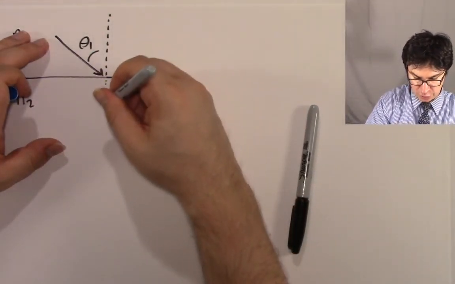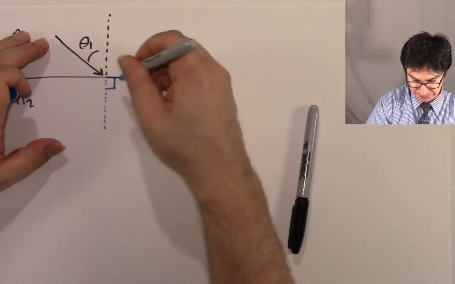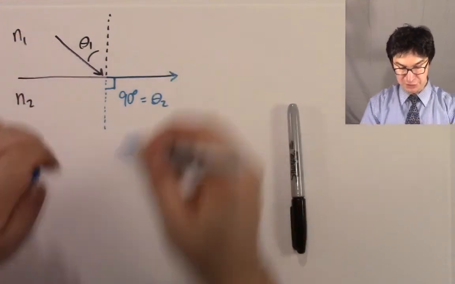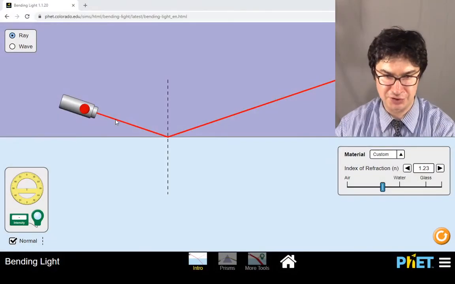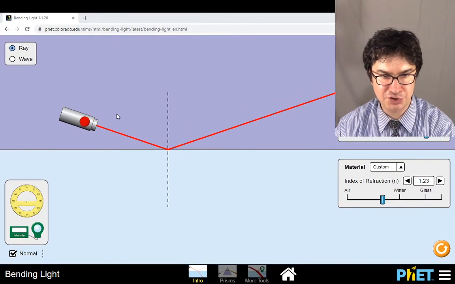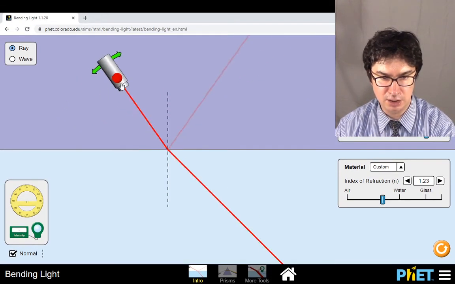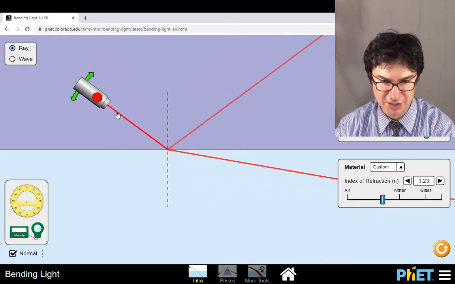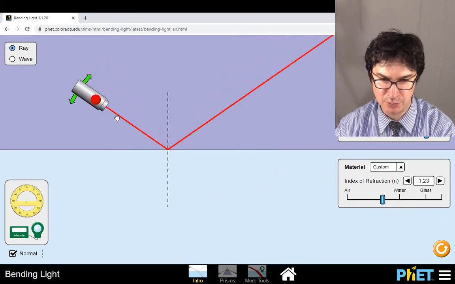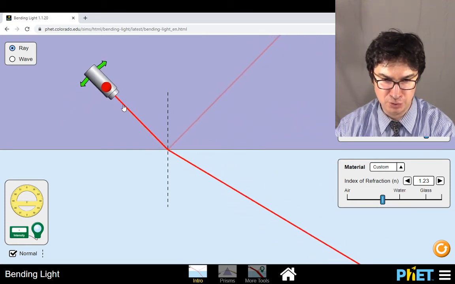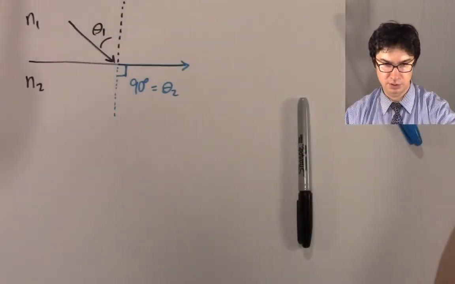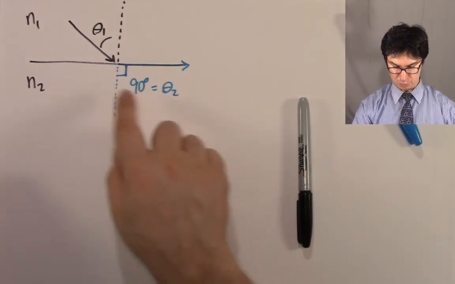So this, relative to the normal, would be 90 degrees. Okay? So a 90 degree angle would be our theta 2. This is the critical angle. So just to illustrate it again with the simulation, notice that we have some of the light refracting through, but once that angle gets to 90 degrees, the refracted angle, that's when we have total internal reflection.